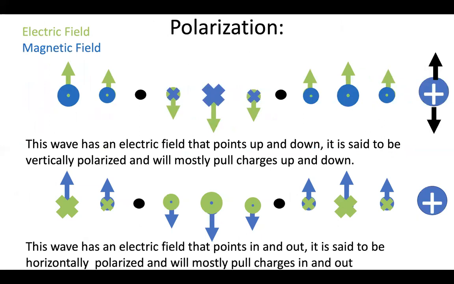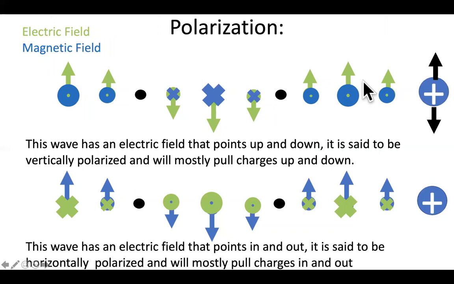Electromagnetic waves have a property called polarization in addition to intensity and frequency. Polarization is just a sense of what direction the electric field points. So if we have a wave traveling from left to right, one way that can work is you have an electric field that points alternating up and down.